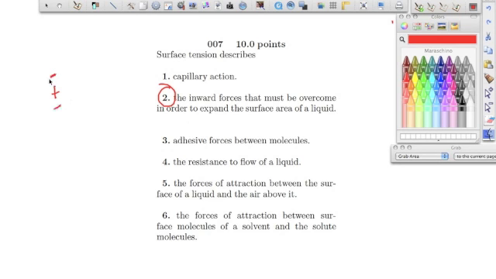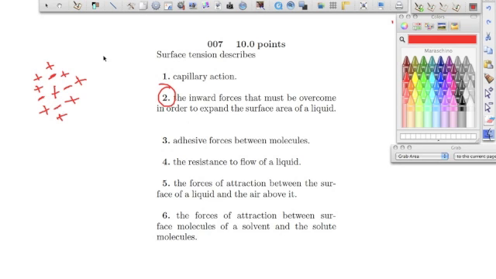What happens is that water molecules line up around each other, and the molecules on the inside have all of their positives and negatives surrounding each other, and they interact with each other within the liquid.